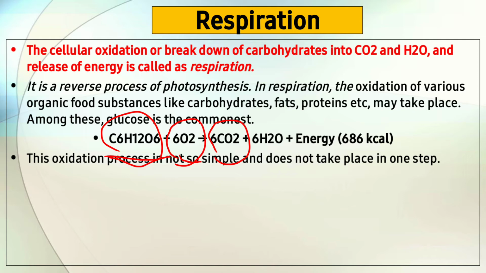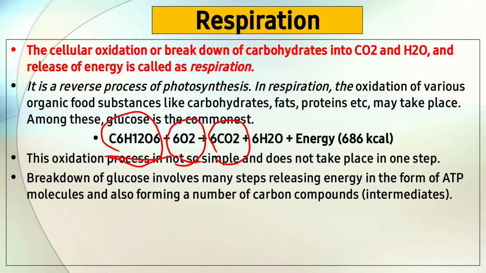This oxidation process is not so simple and does not take place in one step. The breakdown of glucose involves many steps, releasing energy in the form of ATP molecules and also forming a number of carbon compounds.